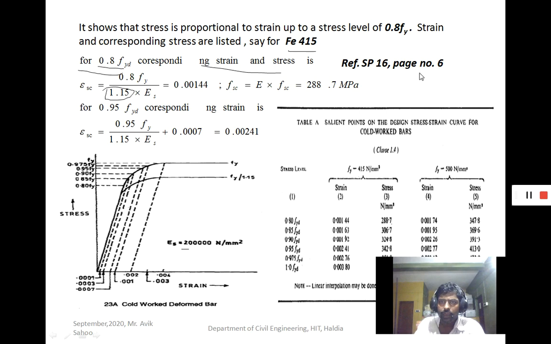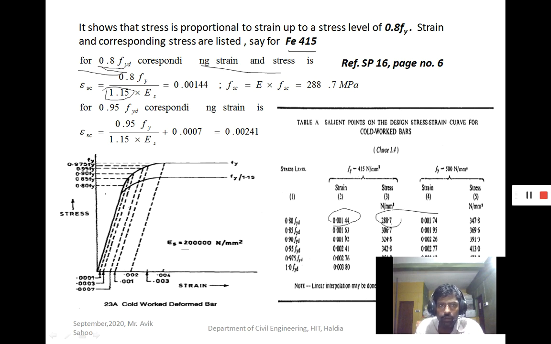So here in the tables, on page number 6, for different stress values, the strains are given. So suppose Fe 415, for 0.8 Fy, the strain is 0.00144, and the corresponding stress is 288, which is exactly the same.